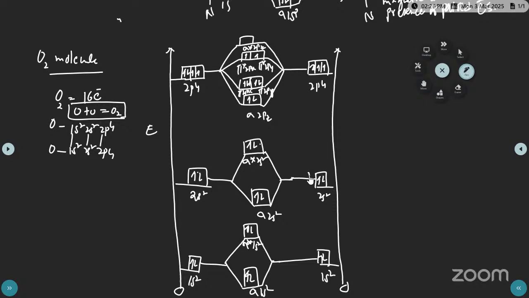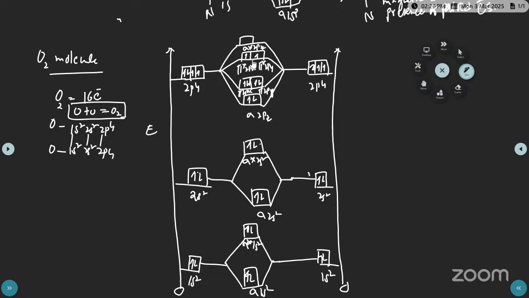See the electrons in the molecular orbitals, how are they? Are these electrons paired or unpaired? Unpaired. So the oxygen molecule possesses which nature, paramagnetic or diamagnetic? Paramagnetic nature.